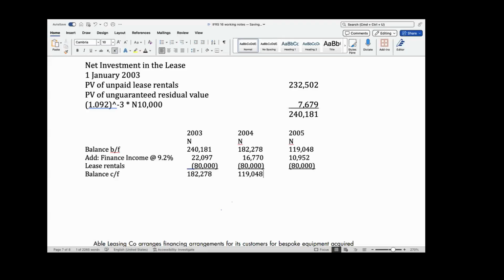So what do we have as balance now? 50,000.